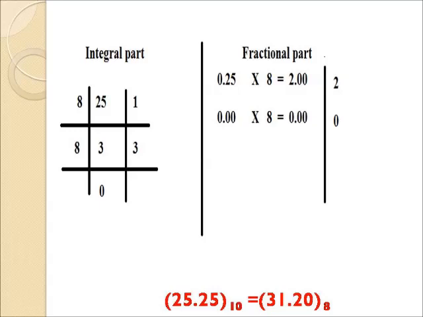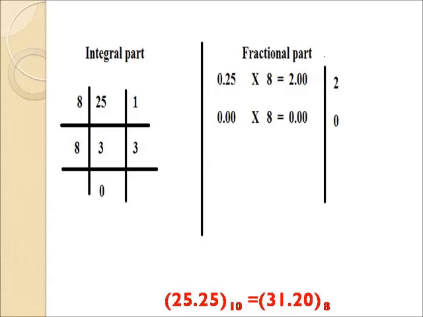Here you can see the steps. 25 is the integral part. We are dividing 25 by 8. 25 divided by 8 is 3 and remainder 1. If we try to divide 3 by 8, we cannot divide, so we write 3 as it is.